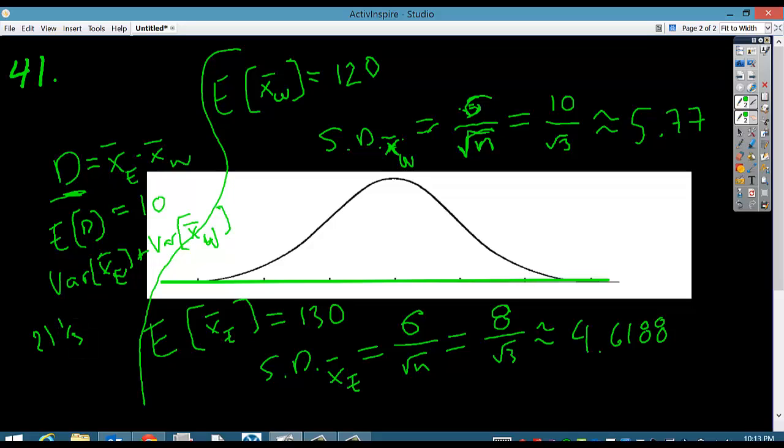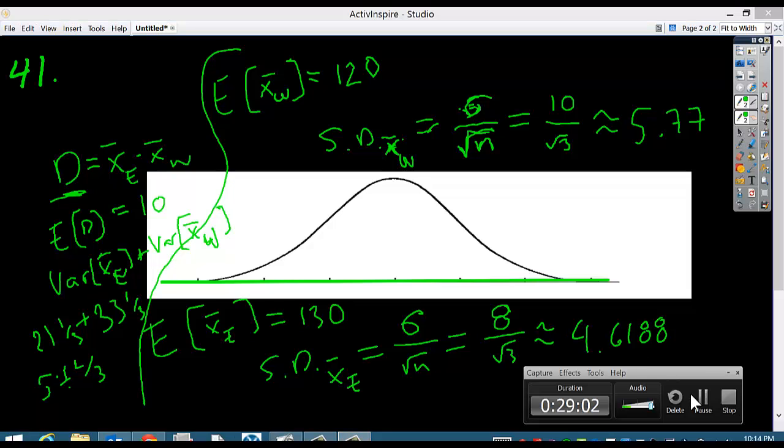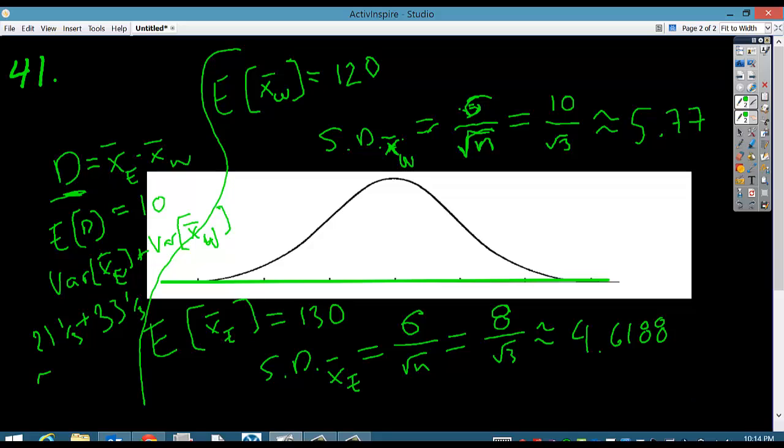And when we square the West Siders, when we square this number here, we get 33 1/3 exactly. So basically we're adding those variances. We're getting 54 2/3, and then we're taking the square root of that.